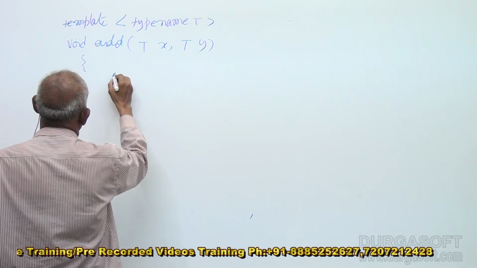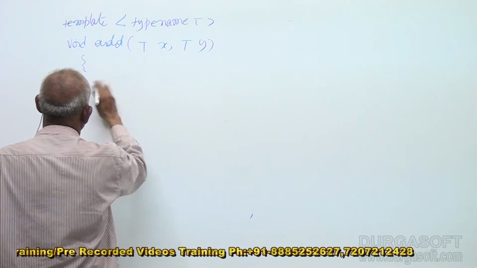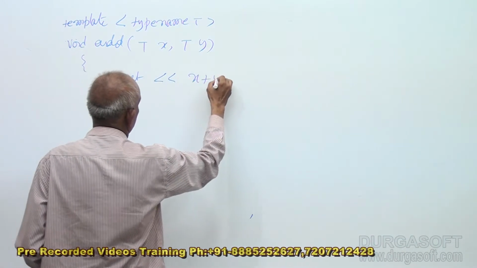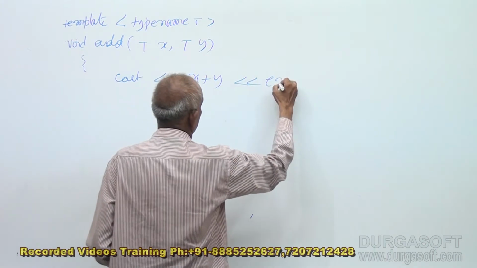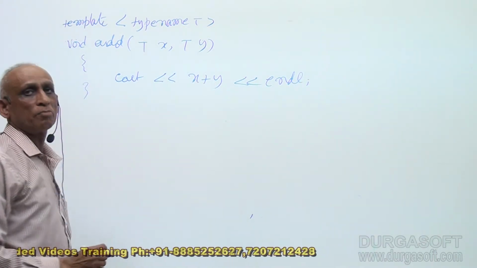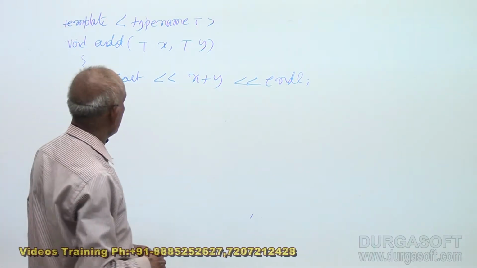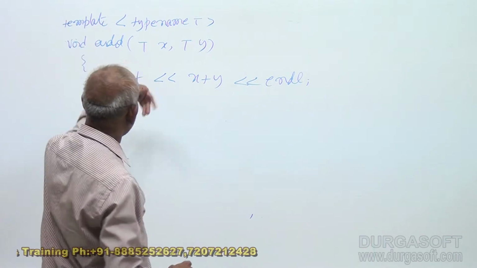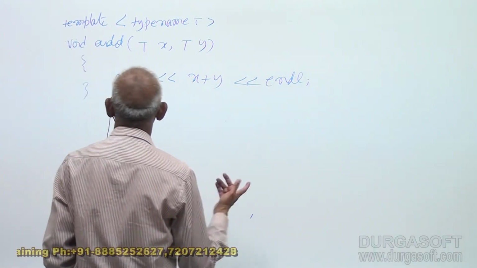Add and display, that's all. cout << x + y << endl. This is the template function. It has same single type only, one type, but two parameters. Simply add them and display.